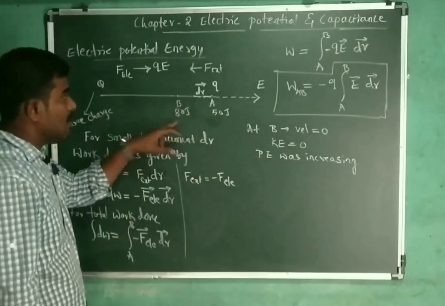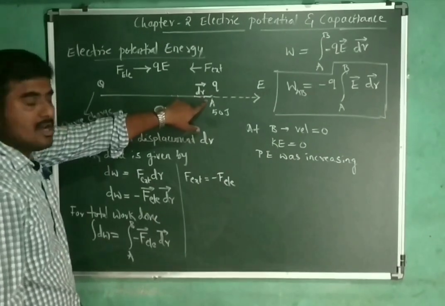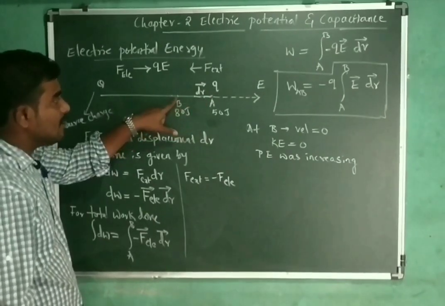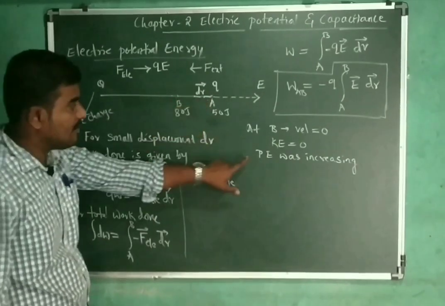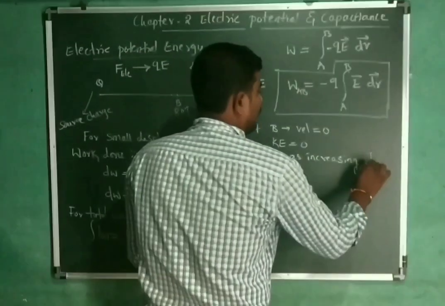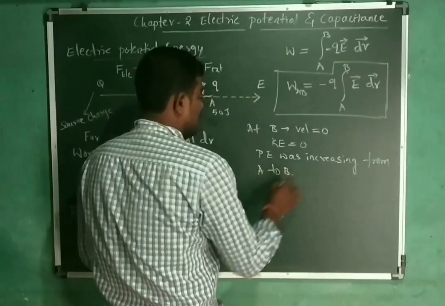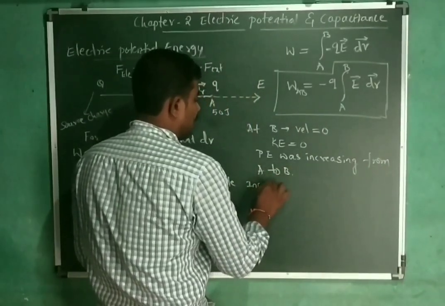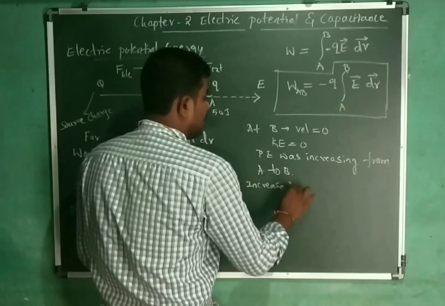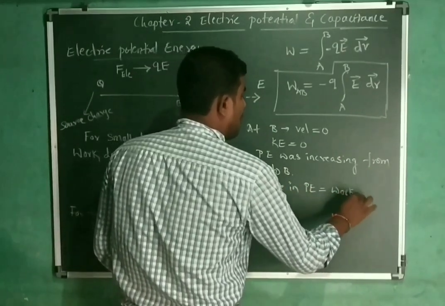Therefore the potential energy at location B is more than at location A, because the work done at B is more than at A. Therefore the potential energy was increasing from A to B. Therefore the increase in potential energy is equal to the work done.